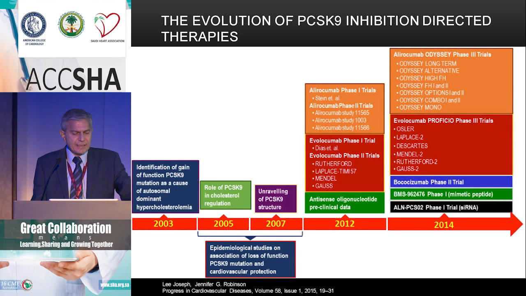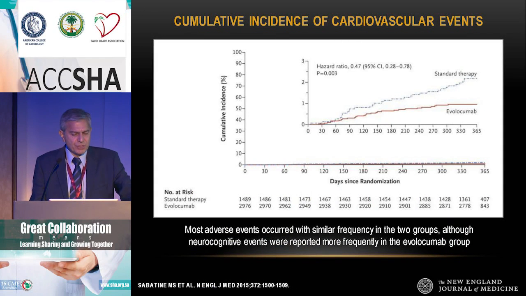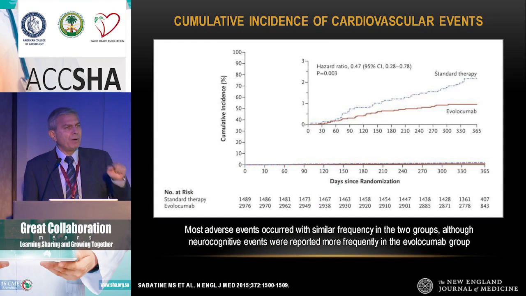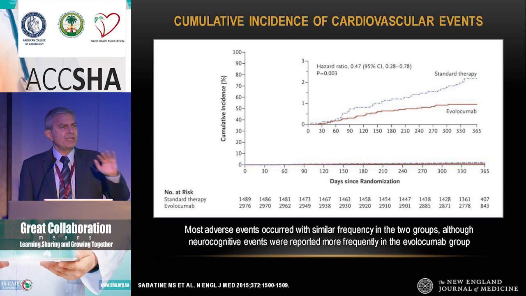What it shows is that there is a dramatic 60% reduction in LDL over and above the classic treatment that the patient has been on, a 60% reduction. And in fact, this reduction was translated into a drop in the cumulative incidence of cardiovascular events over a period of 1 year.